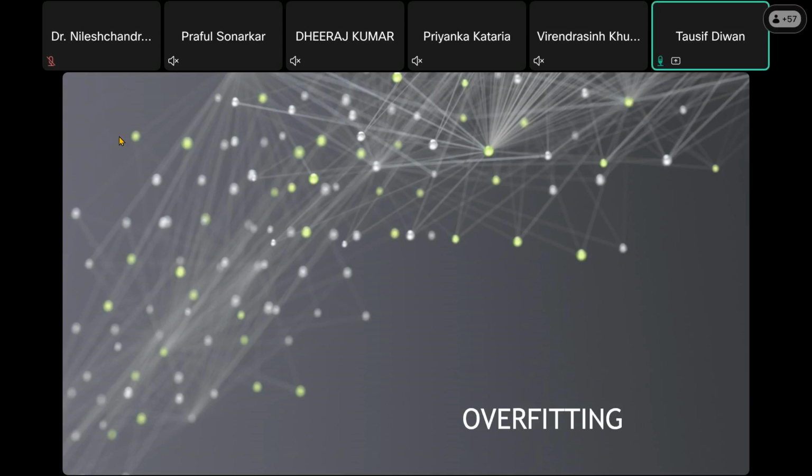It is a very well known problem of deep learning and machine learning models. There are various methods for reducing this overfitting problem. And what do we mean by that? To reduce the overfitting problem, we just need to minimize the difference. What we want is that the model should perform well on the training data as well as on the validation data. There are various types of regularization techniques that we can use, like L1 regularization, L2 regularization, dropout regularization.